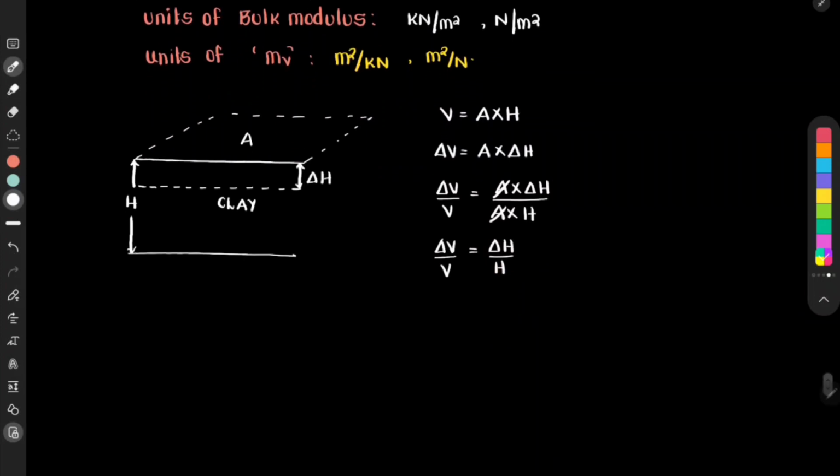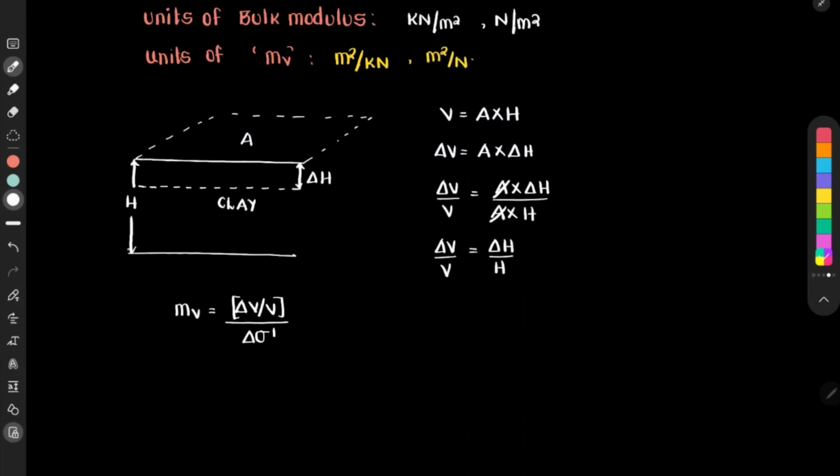So just now we have seen the coefficient of volumetric compressibility. We are computing the primary consolidation settlement value. So MV is equal to the volumetric strain produced per unit change in effective stress.